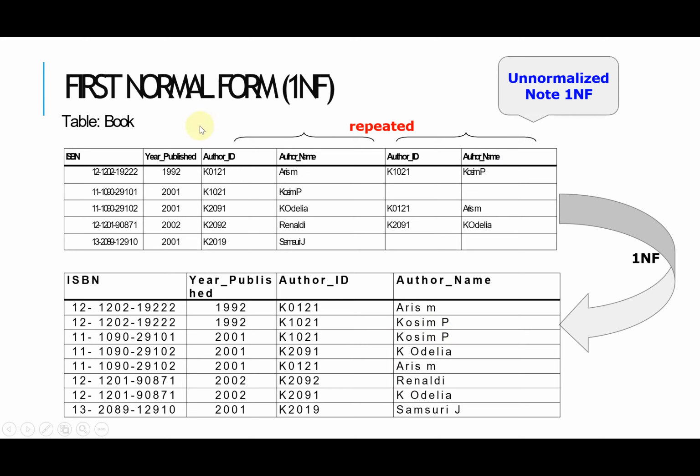The other example is a table of books. We have the book table here. In this table we have repeated columns, for example author ID and author name, and again author ID and author name. This is an unnormalized form.